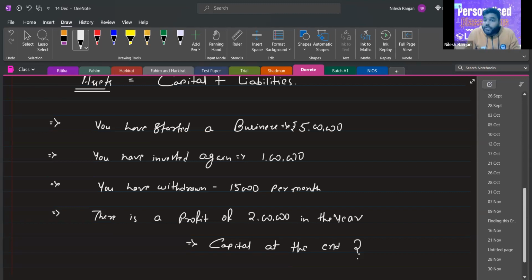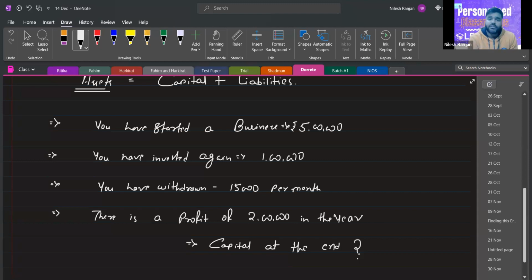And there is a profit of 2 lakh. Profit is paid to the owner. And what represents the owner in the business? Capital. Very good.